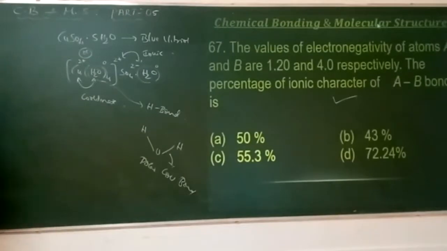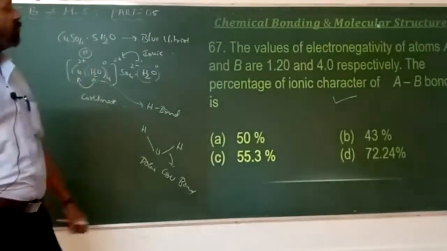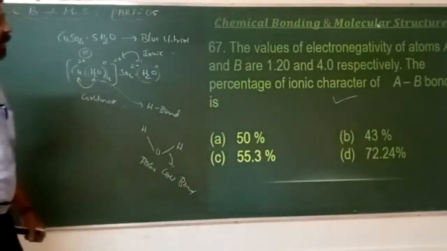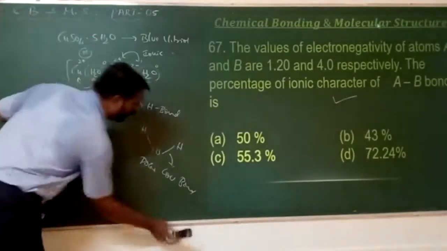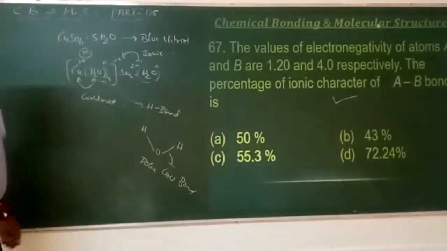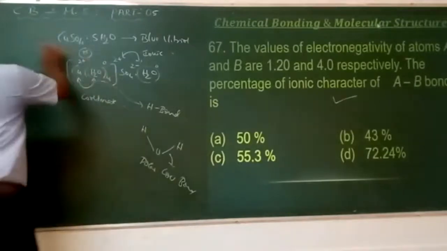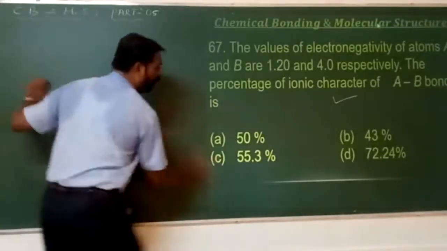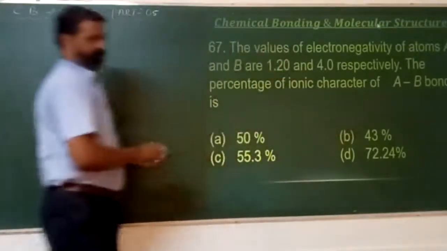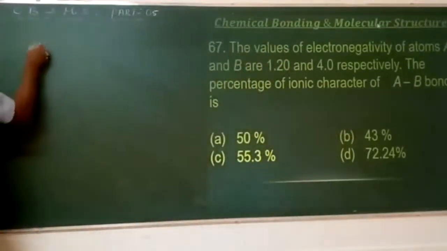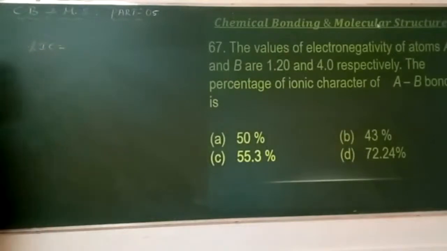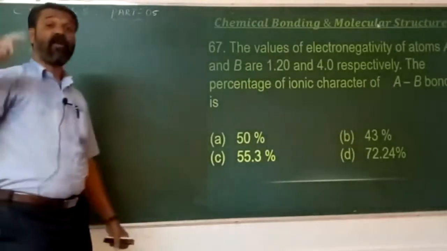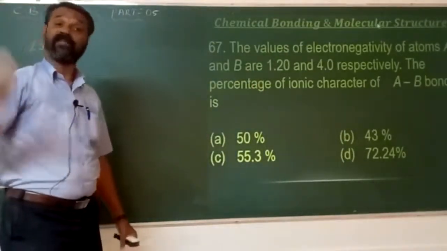Next, the values of electronegativity of the atoms A and B are respectively 1.20 and 4.0. Therefore, what is the percentage of ionic character in the AB bond? How to calculate the ionic character? Percentage of ionic character. One option is 1 minus e to the power of minus one-fourth into (Ea minus Eb) whole square.